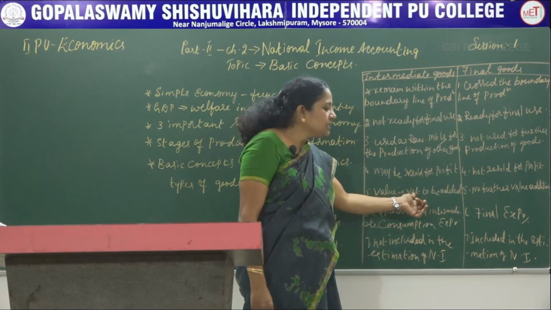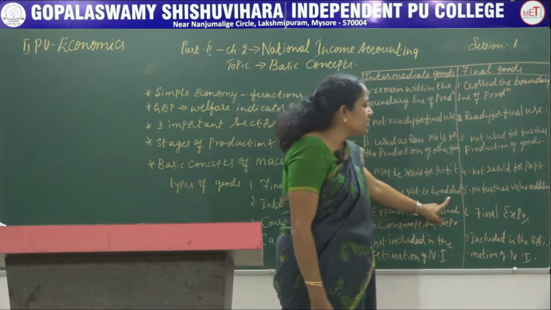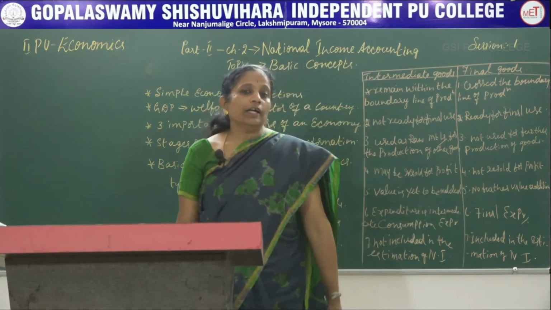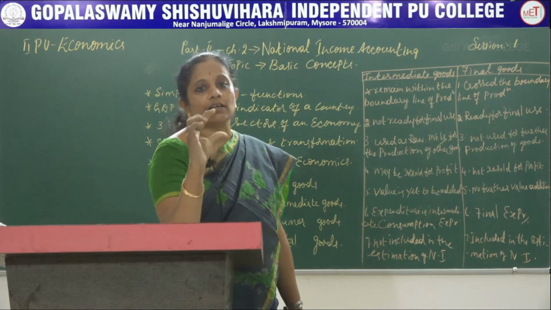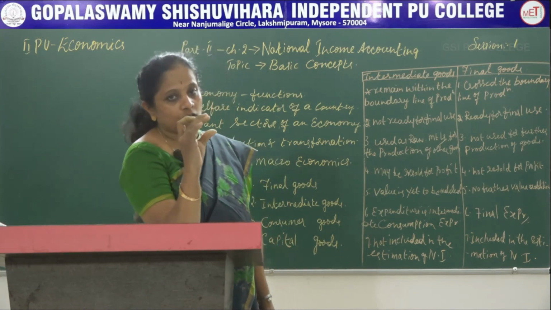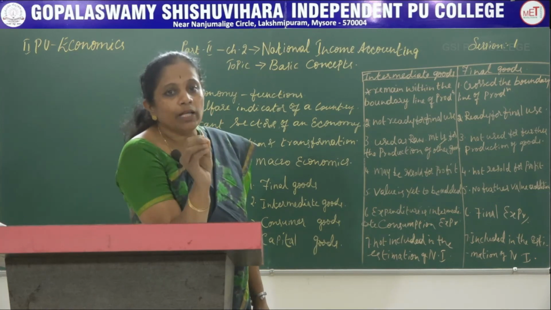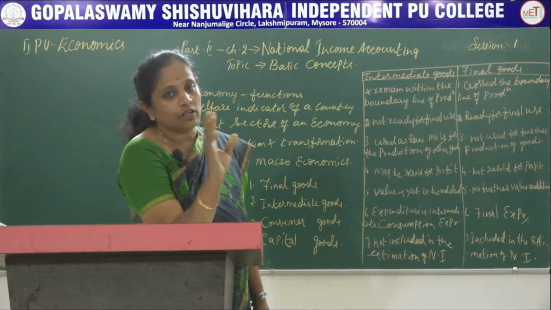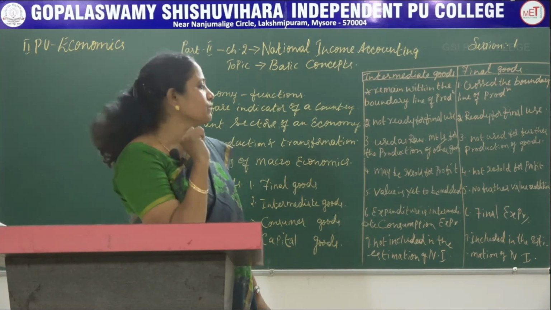The fifth difference between intermediate goods and final goods is that value is yet to be added to the intermediate goods. As I said, milk is the raw material in a tea stall. The value should be enhanced, because if you just give milk in the name of tea or coffee, it is not a final good and it is not going to satisfy the demand of the consumer.